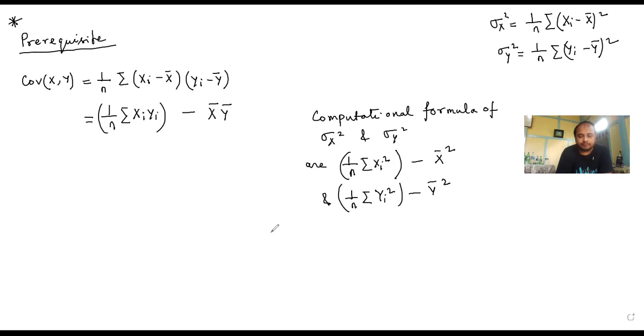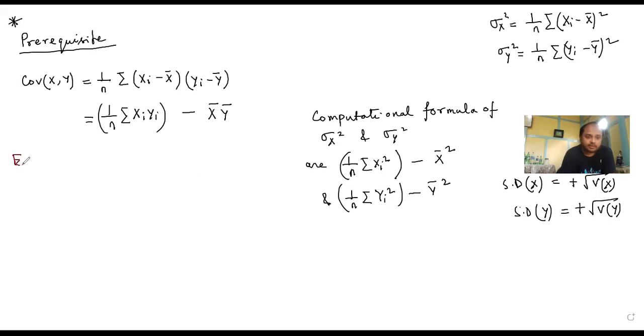And also we know that the standard deviation of x is the positive square root of the variance, and the standard deviation of y is the positive square root of the variance of y. But what we do not know is the following. Now, listen to me very carefully.